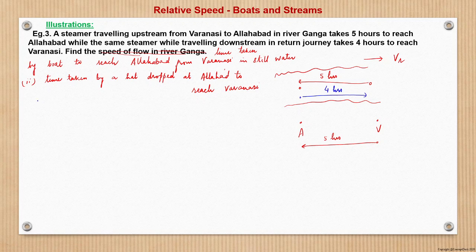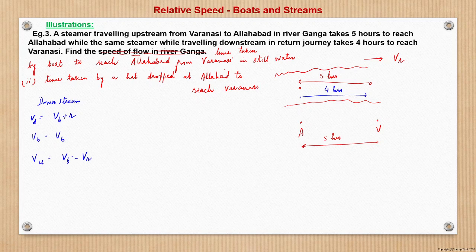When we say downstream, the effective downstream velocity is Vb plus Vr. Then velocity of boat in still water is Vb, and then velocity of boat in upstream is Vb minus Vr.